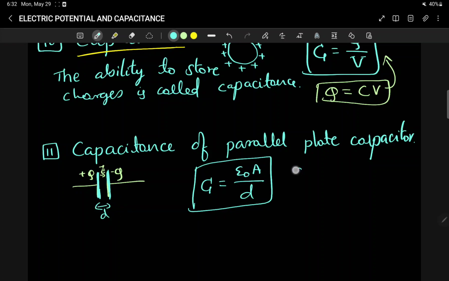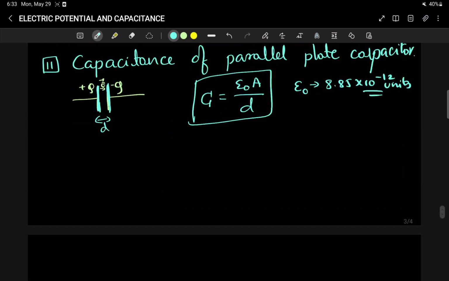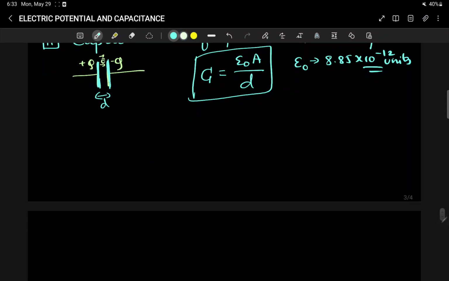Epsilon naught is the absolute permittivity. What is the value of it? 8.85 into 10 to the power minus 12 in SI units. Okay, so SI units. Next, we have capacitance of a parallel plate capacitor in the presence of a dielectric medium.